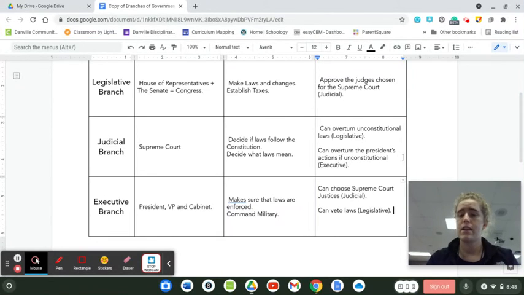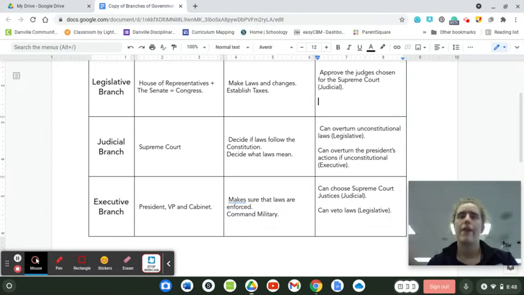The president doesn't like it, and he can say, nope, shut it down, okay? He doesn't want to do it. It's called vetoing, okay? But the legislative branch can actually check the president's power. They can almost like do a Uno reverse card, and they can say, well, actually, they can override a veto. With a 2/3 vote.